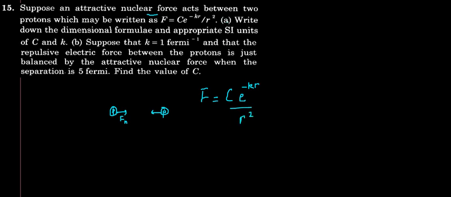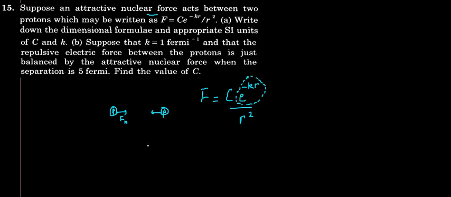In the first part of the question, we are required to find the dimensional formula and the appropriate SI unit for C and K. Now, you know that this is an exponential number, e to the power of minus kr, and exponential numbers do not have any dimensions.